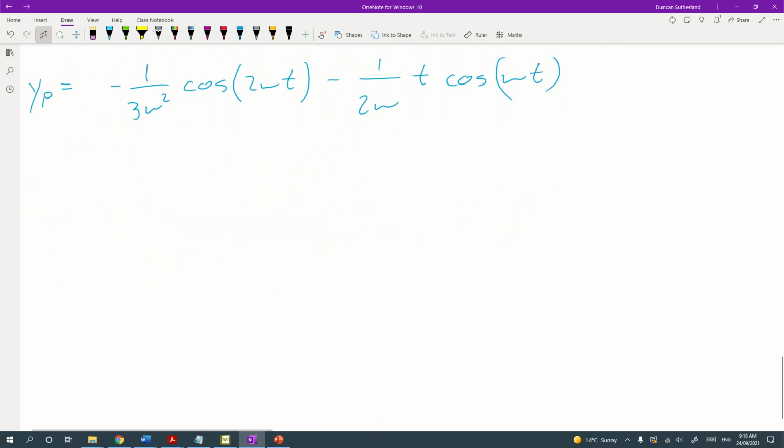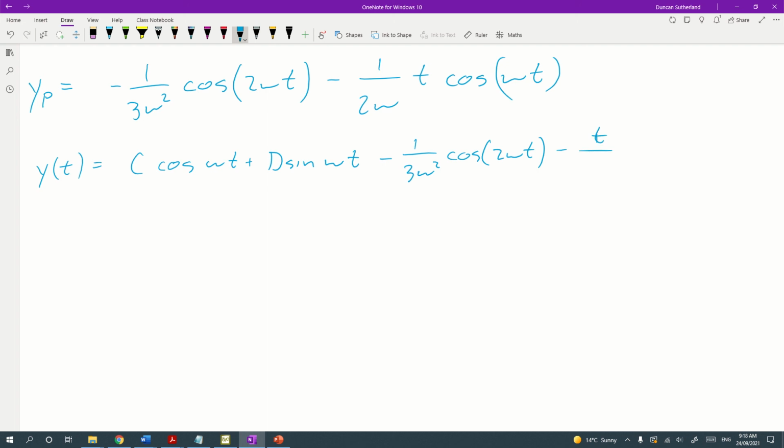So once we're all said and done, our overall solution y of t equals c cos omega t plus d sine omega t. That's the homogeneous part. Minus the particular part. And it's a resonance case because you've got this t cos term here.